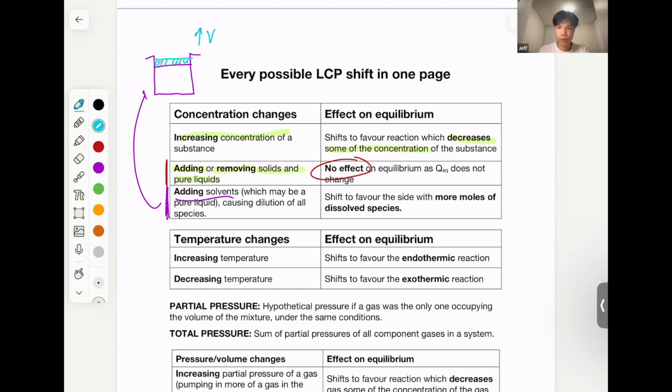And so adding solvent to a solution equilibria is the same as saying you're increasing volume, and hence this decreases the concentration of all the substances within. And you think of this the same as like a volume increase for a gaseous system. Adding a solvent increases volume, which decreases the concentration of everything, and therefore you will shift towards a side with more moles in order to bring the concentration of everything back up. This one's definitely a rarer case, but still possible that they ask.